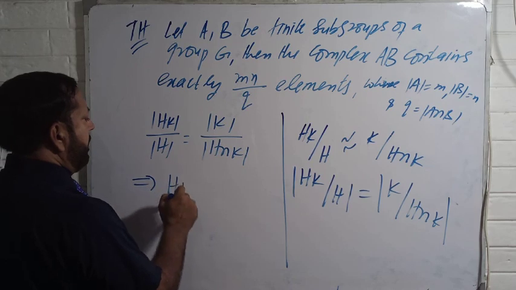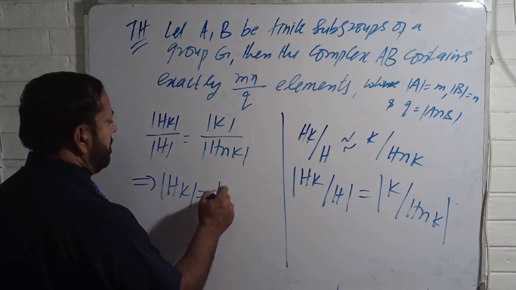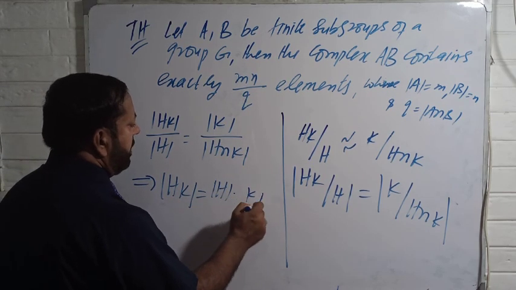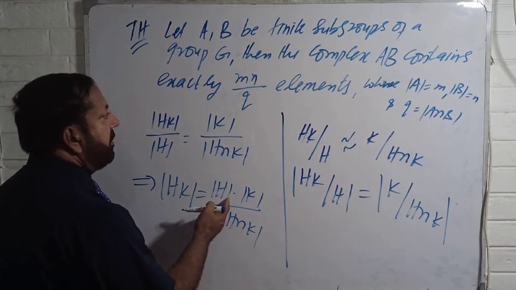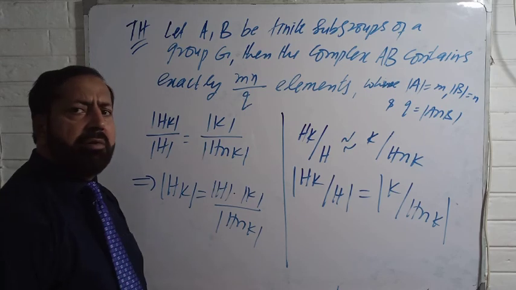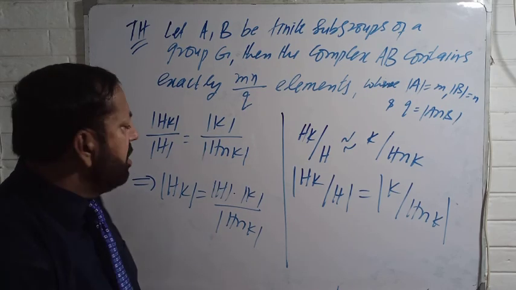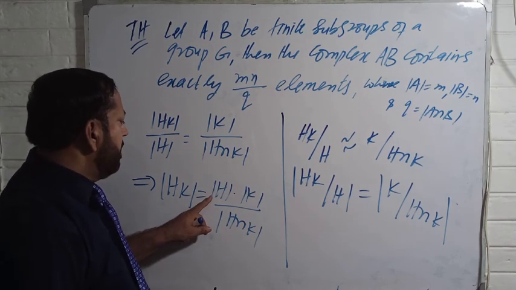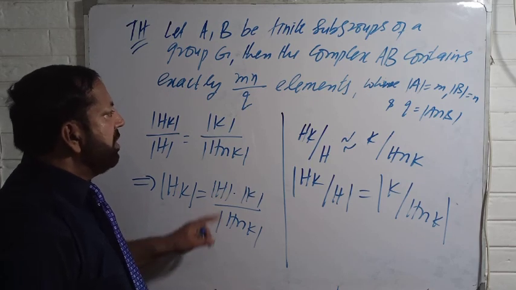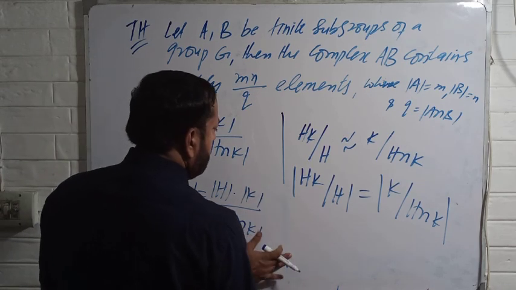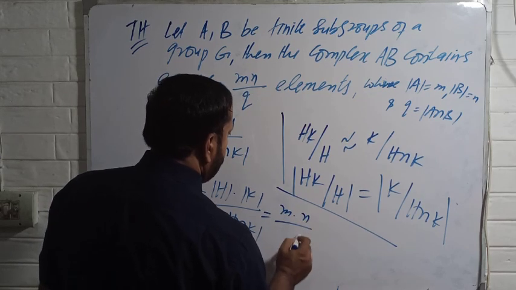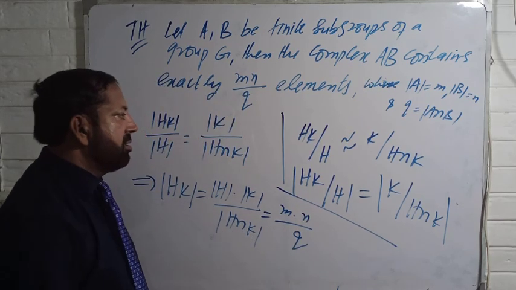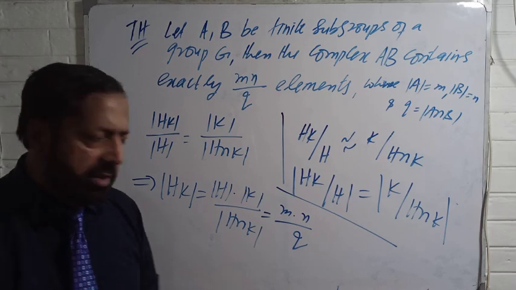This implies the order of HK is equal to the order of H into the order of K, over the order of H intersection K. Instead of H and K, you can use capital A and capital B. So the order of A is equal to m, and this is so simple. This is mn by q, since you know the order of A intersection B is q. So its proof is very easy.